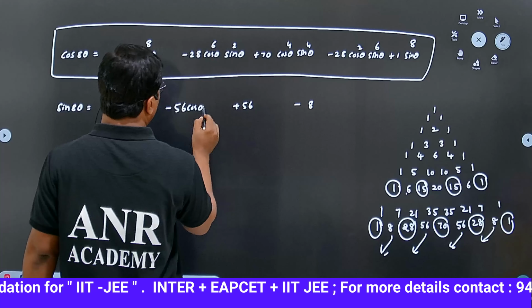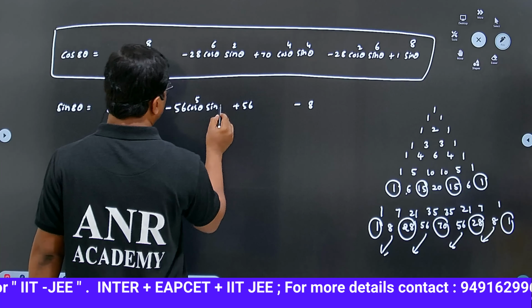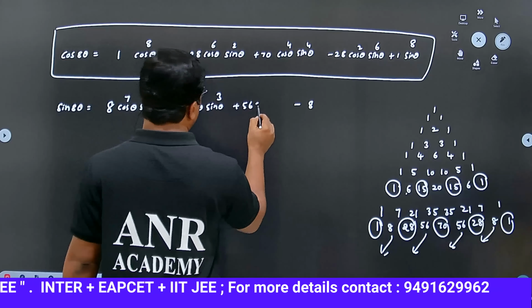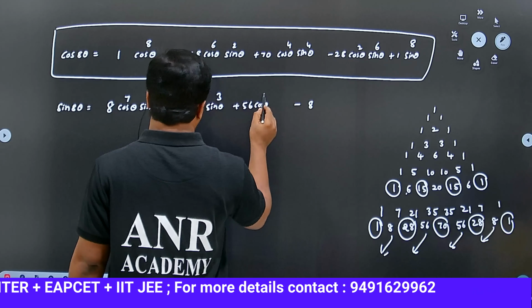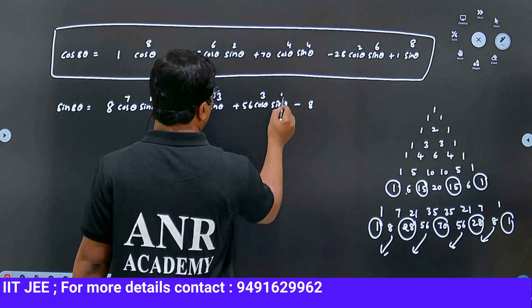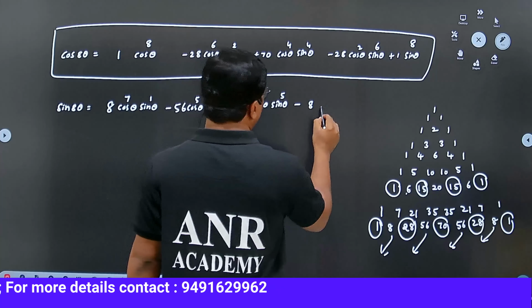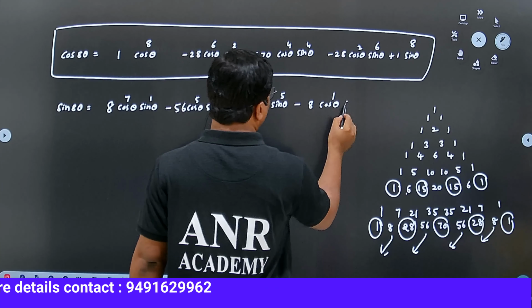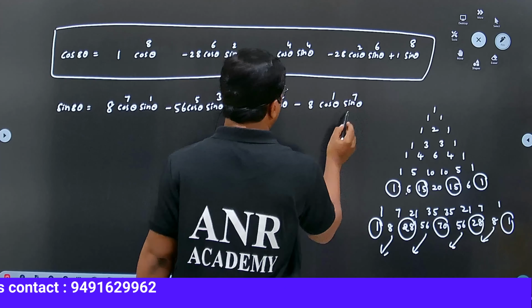That is cos theta power 5, sin theta power 3, and then cos theta power 3, sin theta power 5, and then cos theta power 1, sin theta power 7.